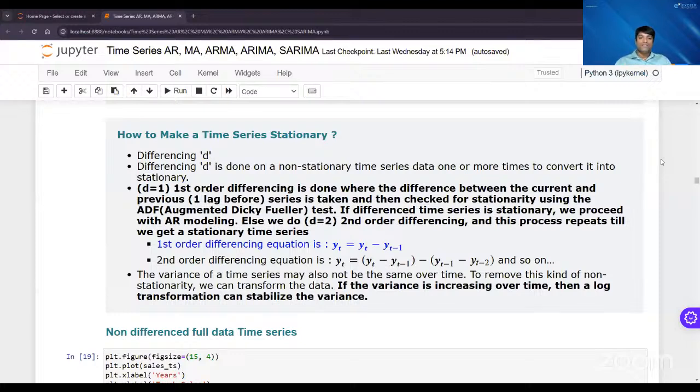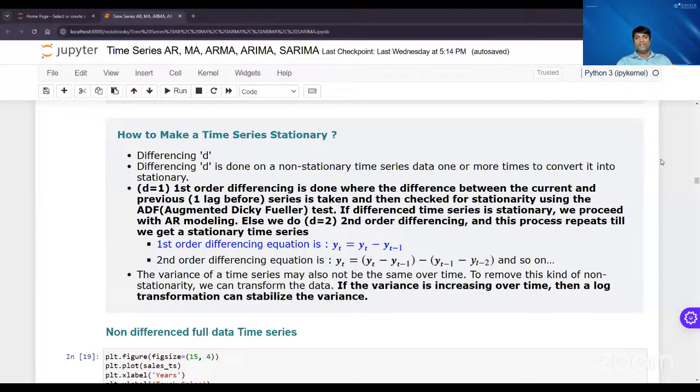In simple terms, lags are used for modeling relationships. It is basically trying to understand the relationship between the past and the present.